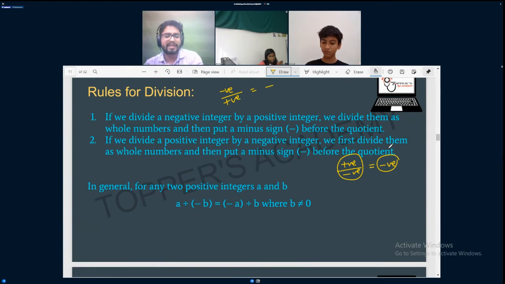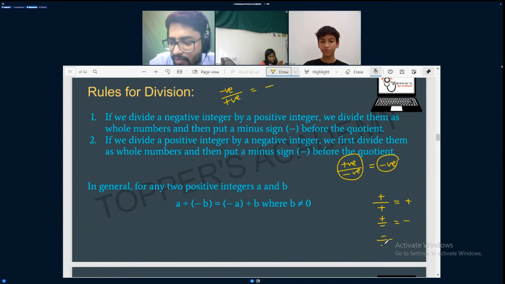So, as with multiplication: positive divided by positive, the answer is positive. Positive divided by negative, the answer is negative. Negative divided by positive, the answer is negative. And negative divided by negative is positive.